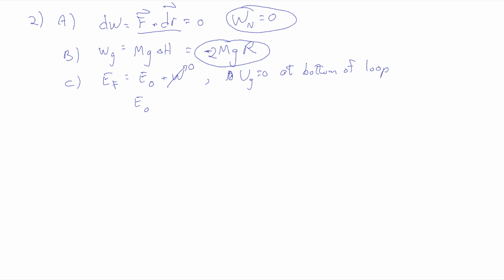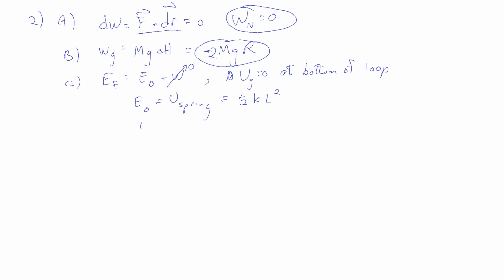So with this choice, we have E naught, which is the energy when the spring is maximally compressed but the block's at rest, and that will be equal to the potential energy of the spring. The mass is at rest, so it's got no kinetic energy. The potential energy of gravity is 0 because we chose it to be 0 there. So the total original energy is 1/2 kL squared.